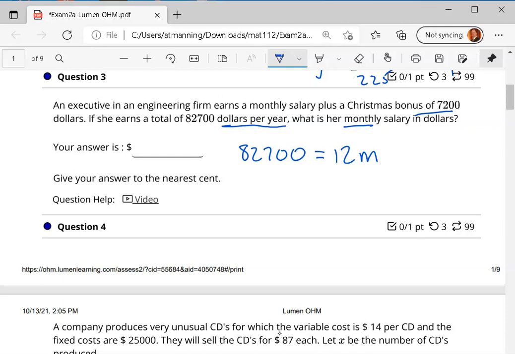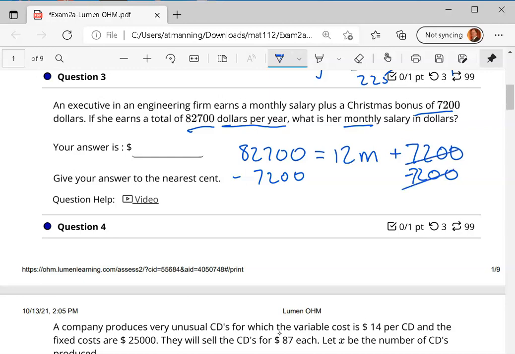Otherwise, well, her monthly salary times 12 plus her Christmas bonus. That's going to be this year's salary, and every year's salary until she gets a raise. So what do we do? We solve for M by getting M by itself, by first subtracting away the 7,200 from both sides.